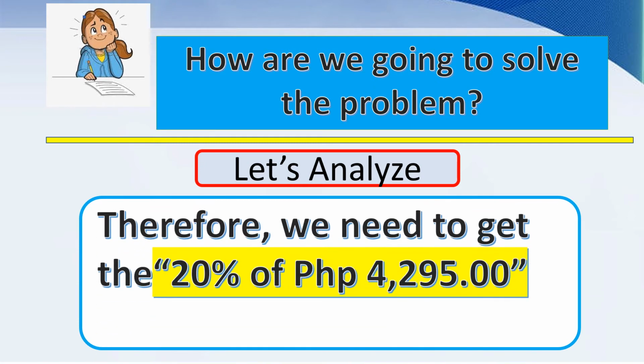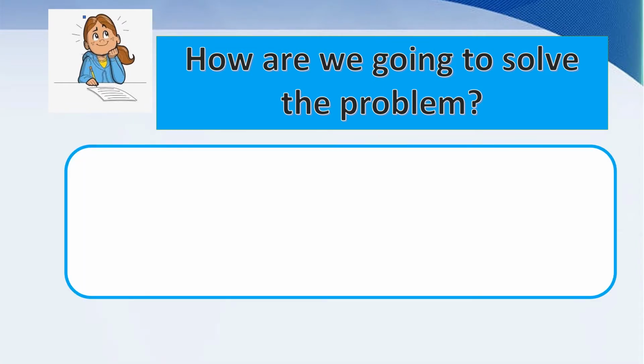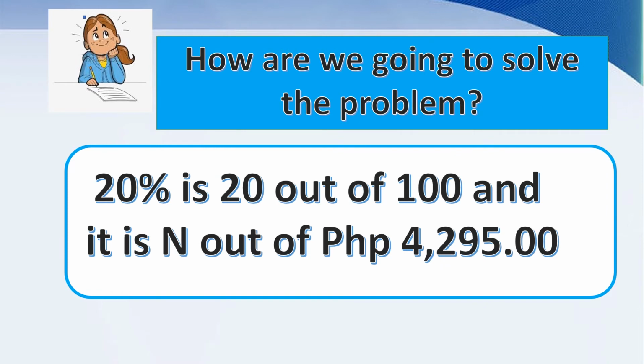Therefore, we need to get the 20% of 4,295 pesos. 20% is 20 out of 100 and it is n out of 4,295 pesos.